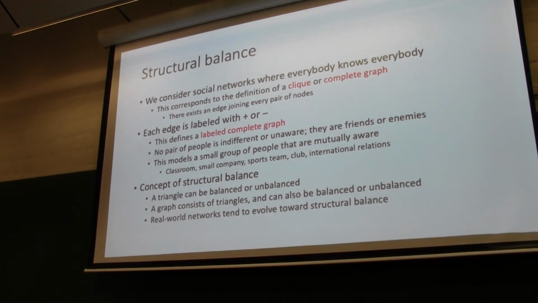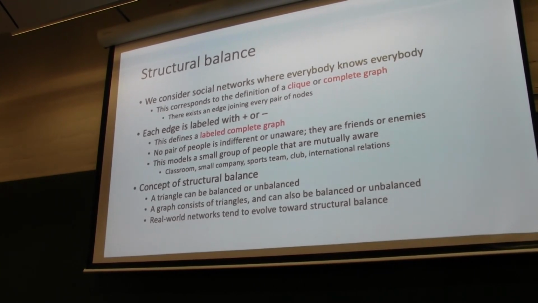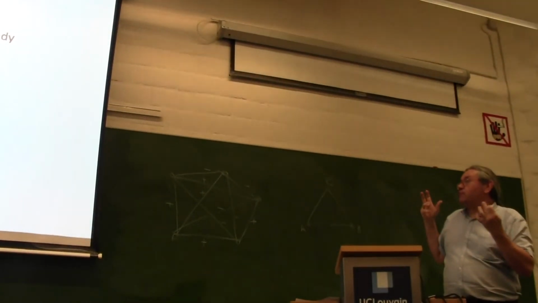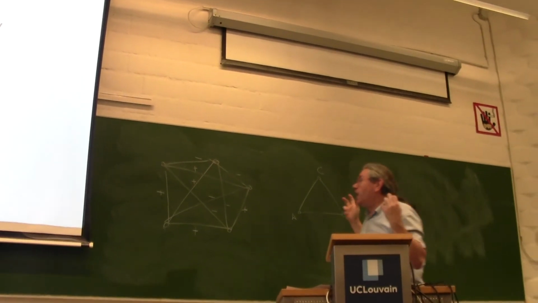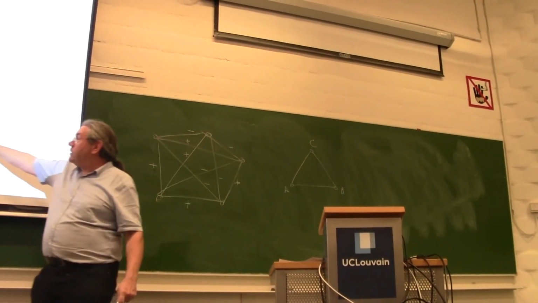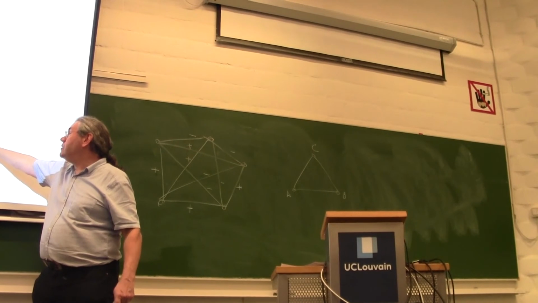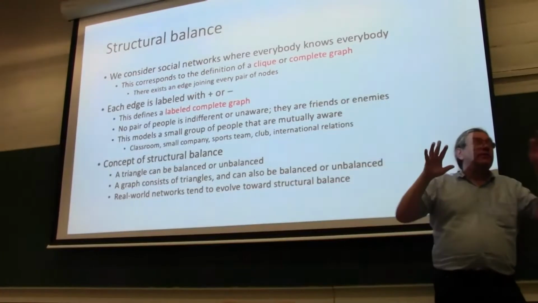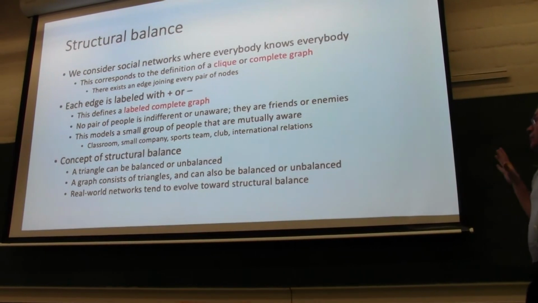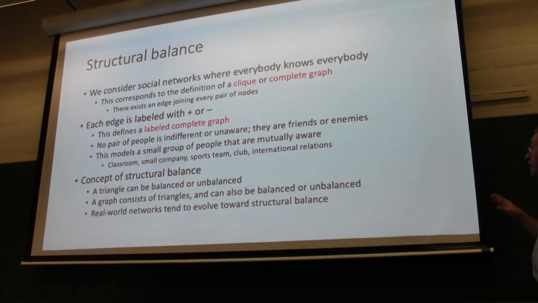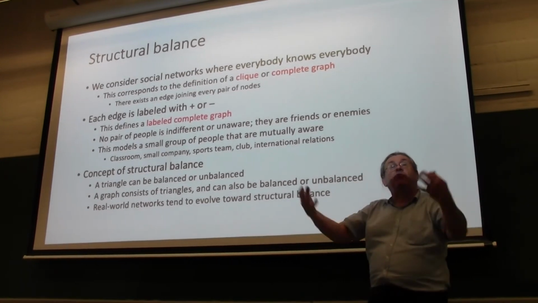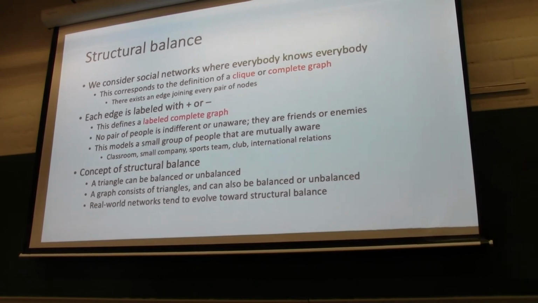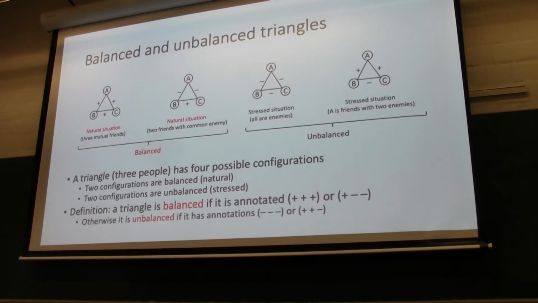I'm going to introduce some notion of whether the triangle is a stable, nice one, or whether it's kind of stressful. And of course, a graph has a lot of triangles. And we'll see that the real world doesn't like stress or unbalance.